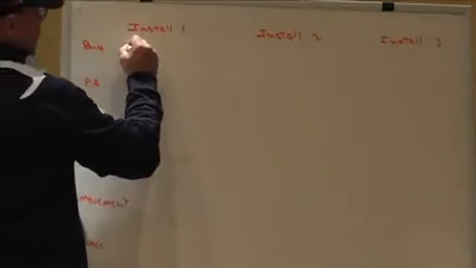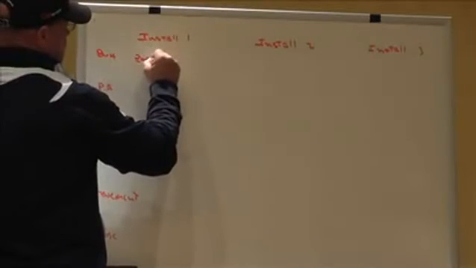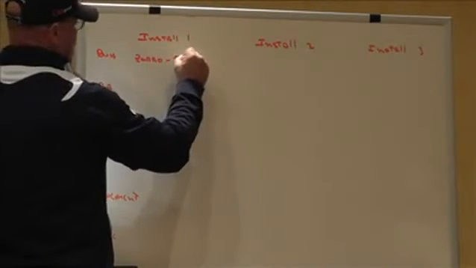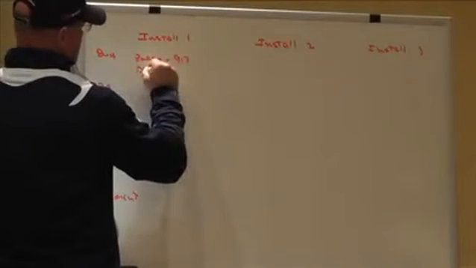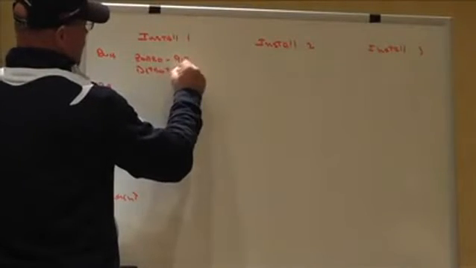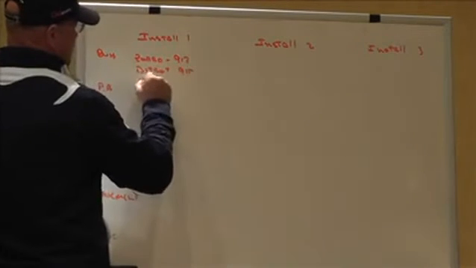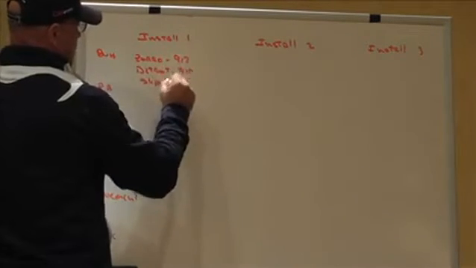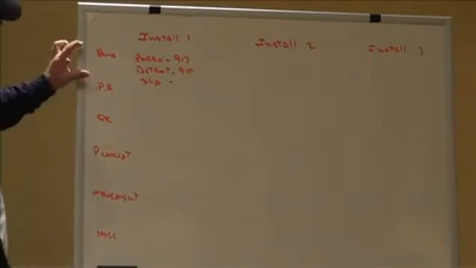Install 1 was Zorro, which is also 912, and it was Detroit, which is draw, which is 910, and it was slip. There's no number for slip. So that was my runs.